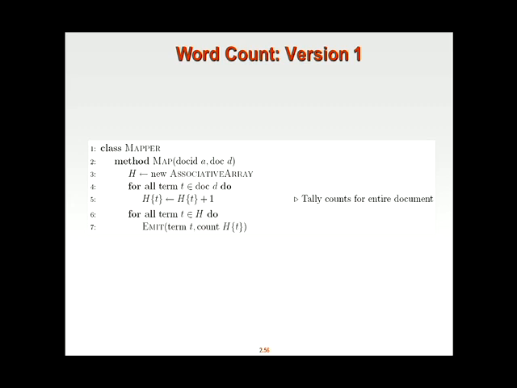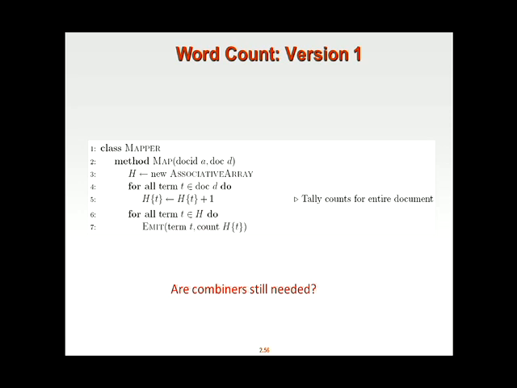If it is not in this hash map, then we create a new entry for this term with value 1. And if it is already in the hash map, we just increase the frequency by 1. And finally, after the document is processed, we iterate over this hash map and emit the term and the corresponding count within the document.